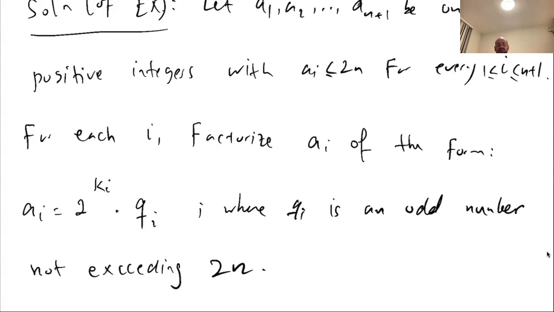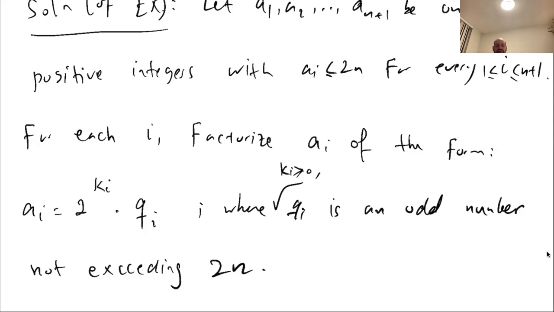It's possible that the number itself is odd, and therefore it has no factor of 2. In that case, your ki will be 0, right? So where ki is bigger than or equal to 0, and qi is an odd number. Even if it had no factor of 2, you can write 2 to the power 0 times the number itself. The number itself is odd.